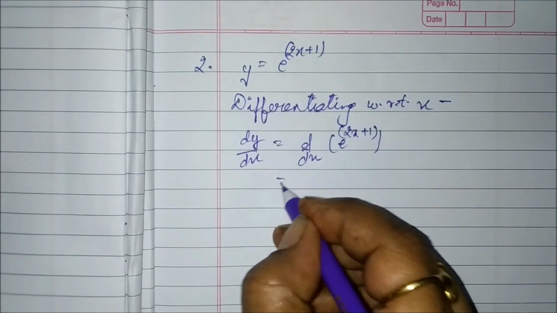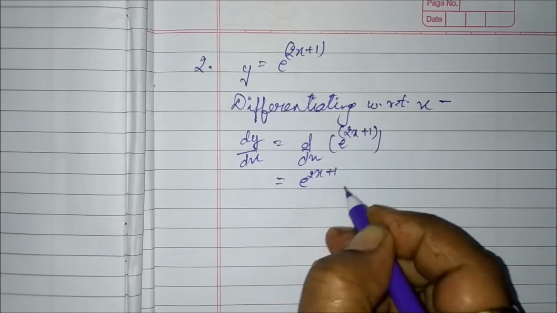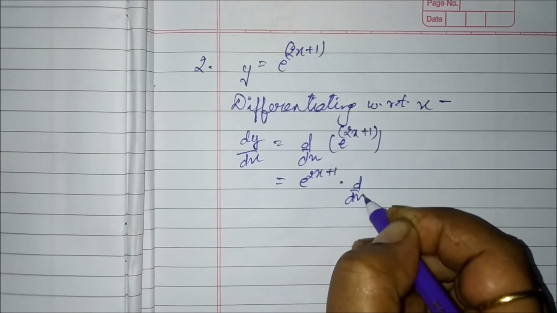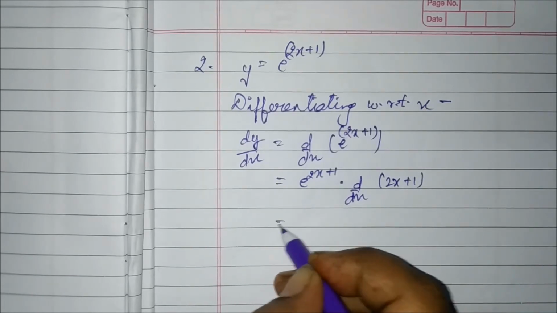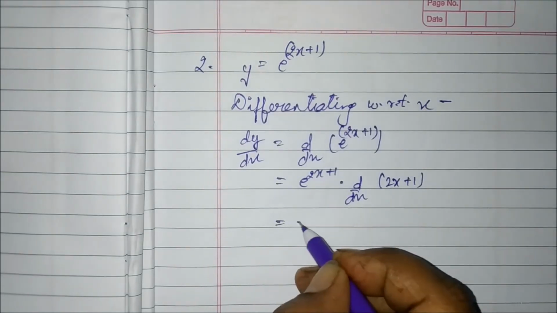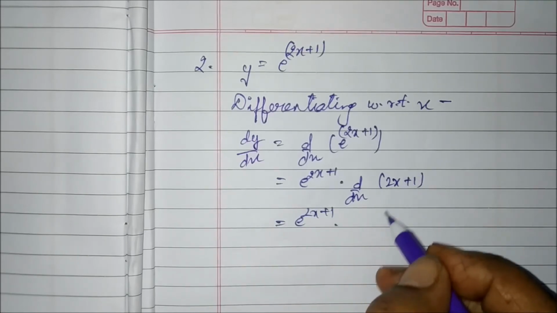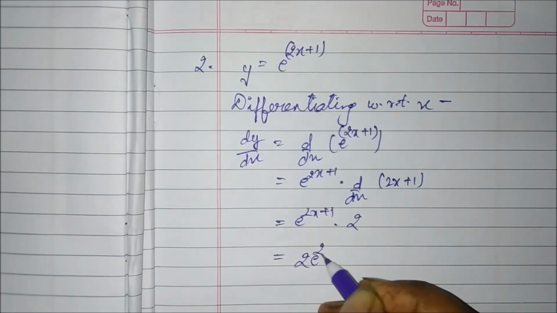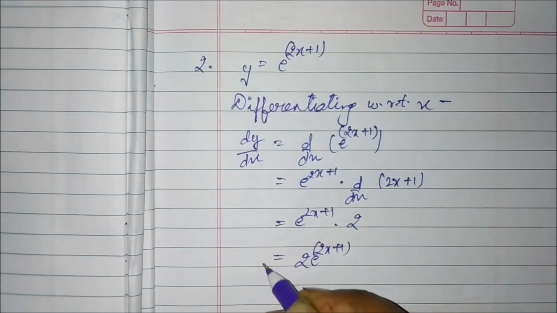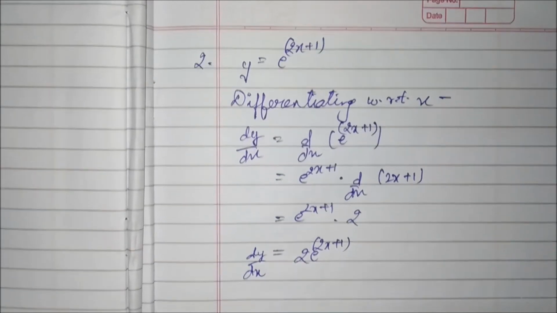Derivative of e raised to 2x plus 1 is same e raised to 2x plus 1 into d by dx of 2x plus 1. Derivative of 2x plus 1 is 2. So we get 2 e raised to 2x plus 1 as dy by dx. Clear?